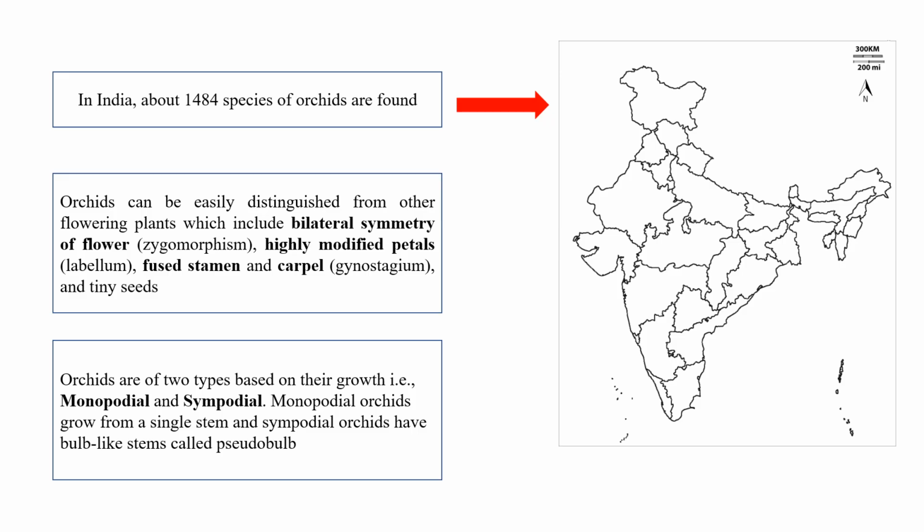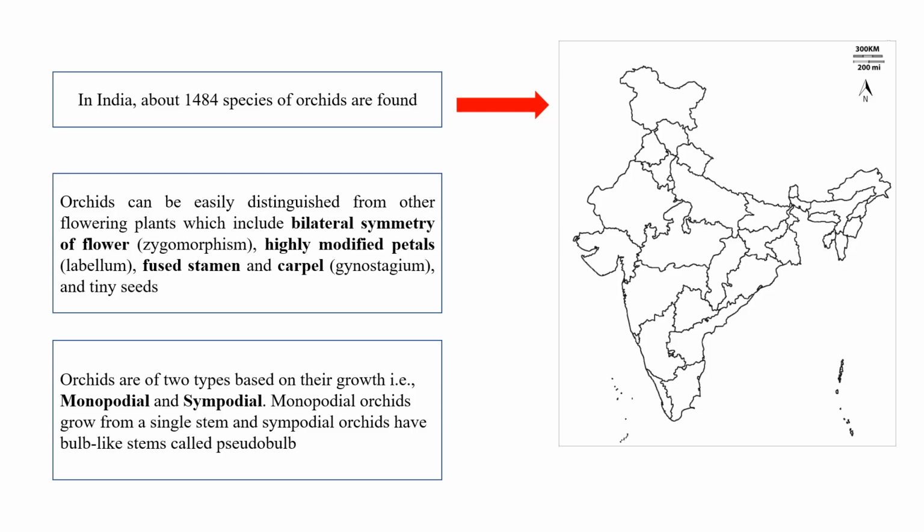Then for ecosystem health, orchids indicate a healthy forest. If a forest has orchids in it, it implies that it is a healthy forest. They interact with other organisms in the ecosystem, which is beneficial for many faunal species, such as mycorrhiza for germination and pollinators for propagation.